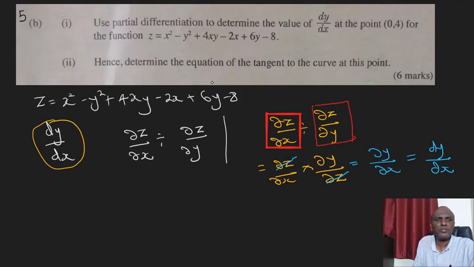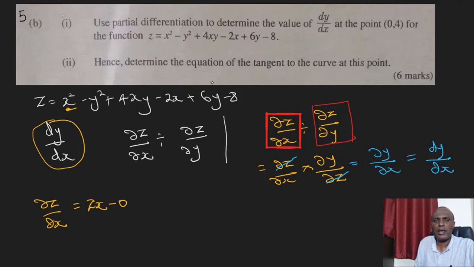To do partial differentiation, we need to keep one variable constant as we differentiate z with the other. Therefore, for dz over dx, we keep y constant and differentiate z with respect to x. We differentiate x squared and get 2x. We differentiate y squared, but y is constant, therefore we get minus 0.